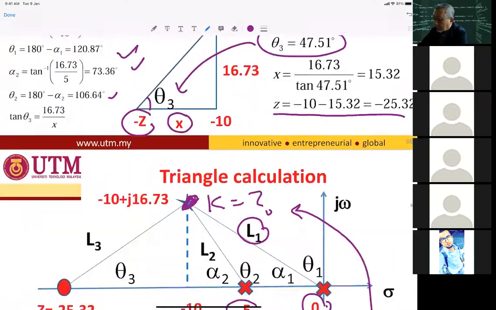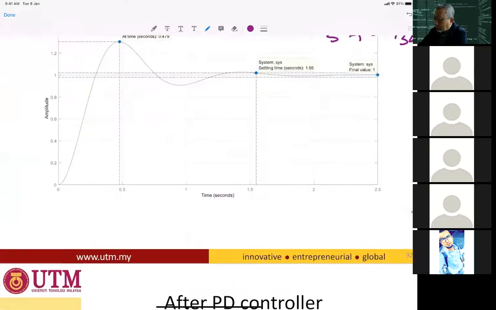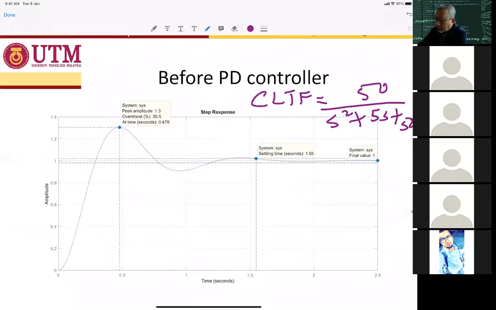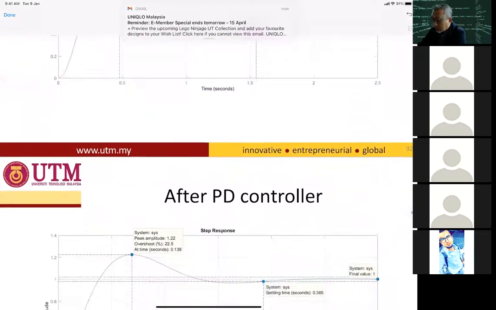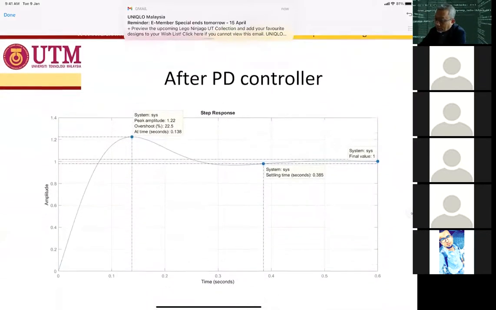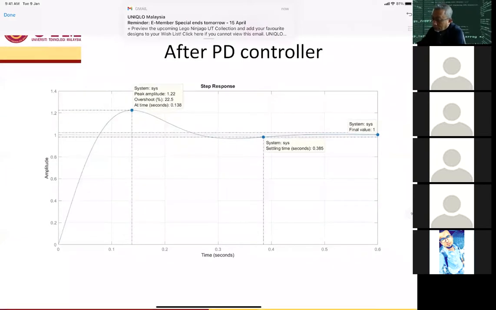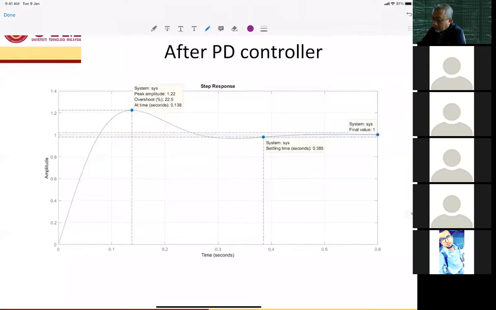And then for the closed loop, you can see that the settling time is 1.55 and peak time is 1.3. Then after the PD controller, you cascade it with the S plus 25.29 with the closed loop transfer function.